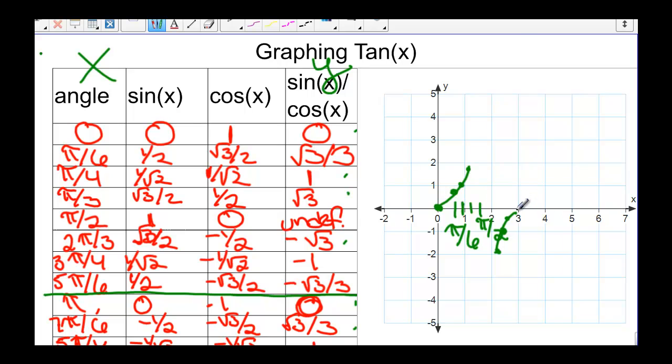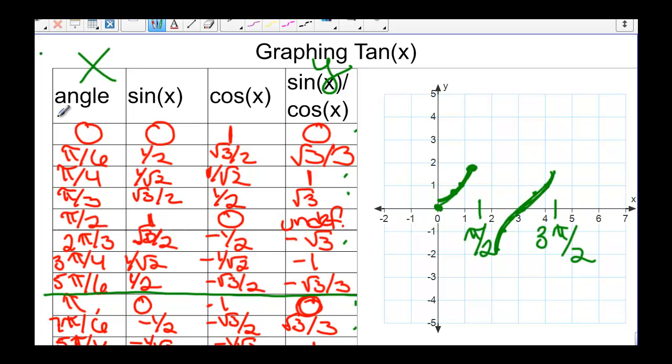So if we connect these, if we keep going, we'll end up with something that looks like this. So if we clear out our mess, this is our graph, and we're going to keep repeating. So now we need to figure out what happens around pi over 2 and 3 pi over 2 and so on.